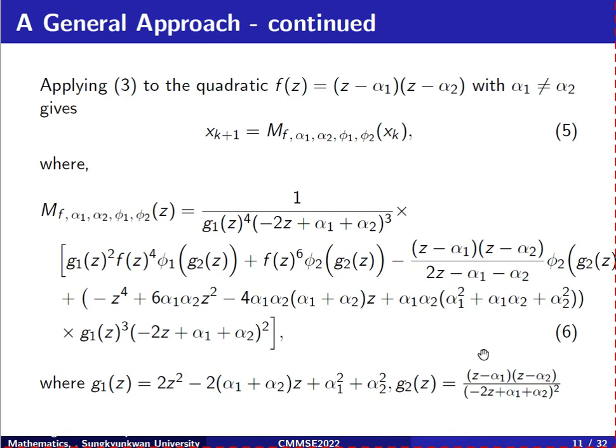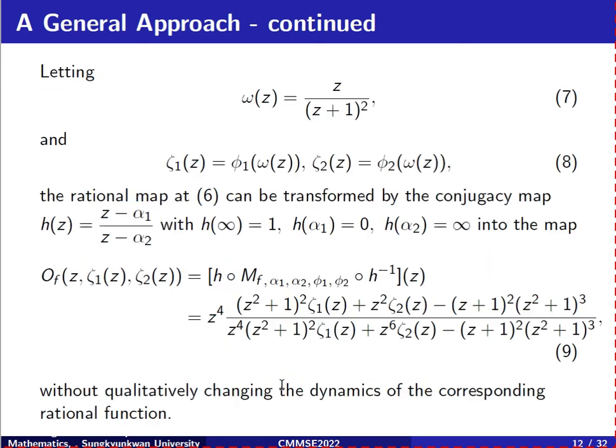Apply the given method to the quadratic. We have this map come out. If we let omega of g like this and define g1, theta 1, theta 2 like this, then the rational map S6 can be transformed into this map.